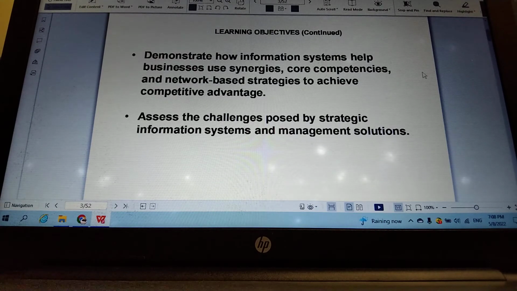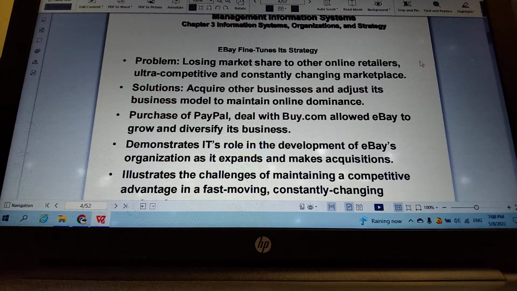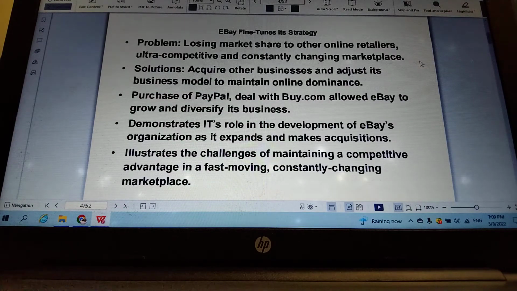So with that, if there is no further question from the members, let me start with a very simple case study that we can discuss shortly, or we can discuss again during our open discussion session in the second part of the lectures today. The problem here is related to how eBay fine-tunes its strategy.